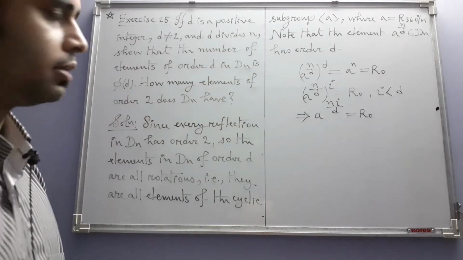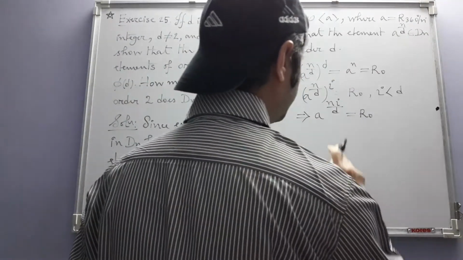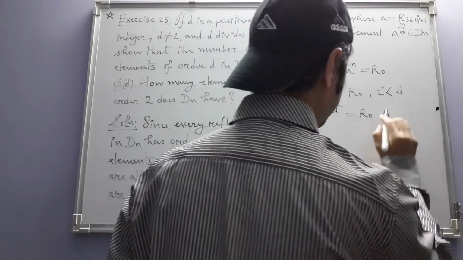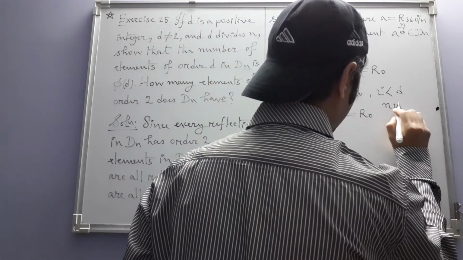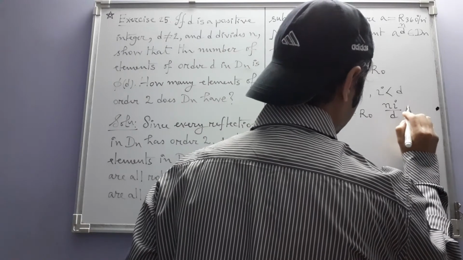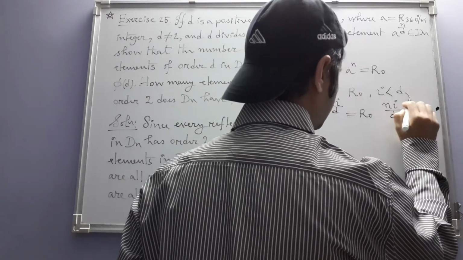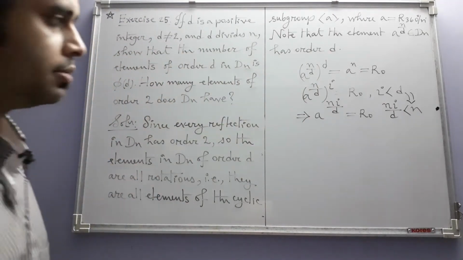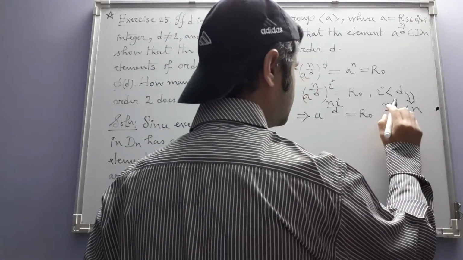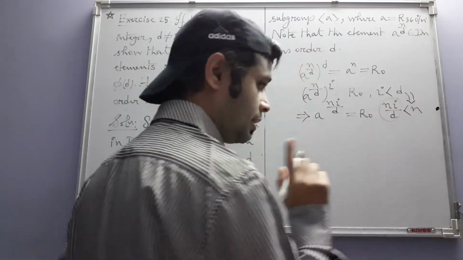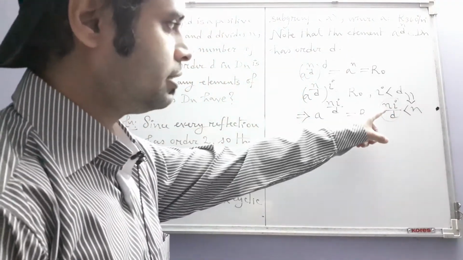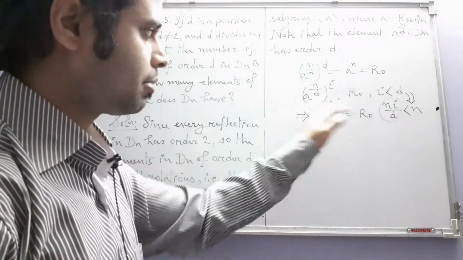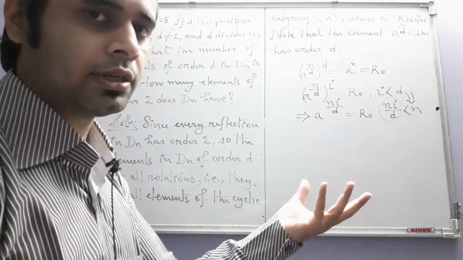Now what is n i divided by d? n i divided by d is less than n. This follows directly from this inequality. It's an integer because n is divisible by d, so n by d is an integer, and if you multiply that by i, that is also an integer.